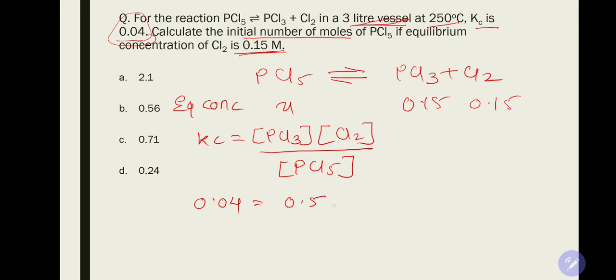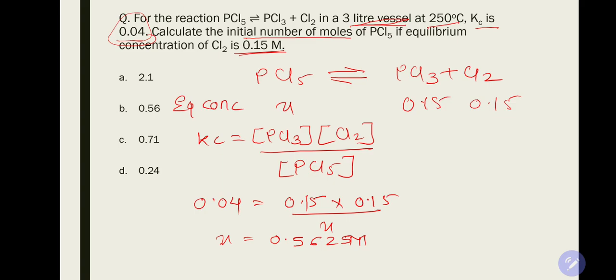It is 0.15 into 0.15 upon x. So x becomes 0.15 into 0.15 divided by 0.04. By solving this you will get 0.5625 molar. So you have found the value of x.